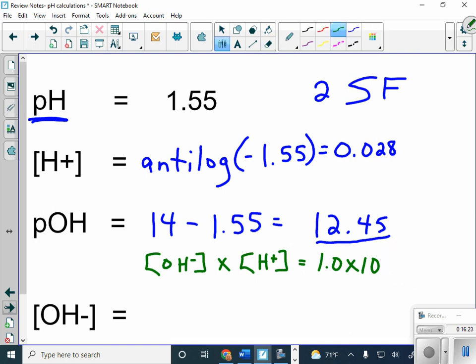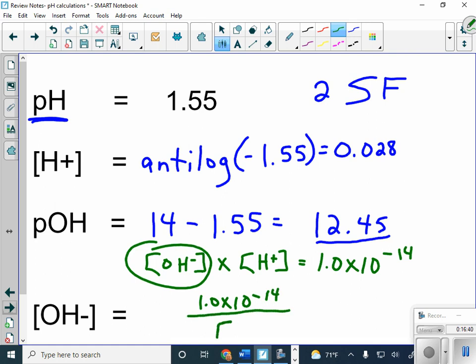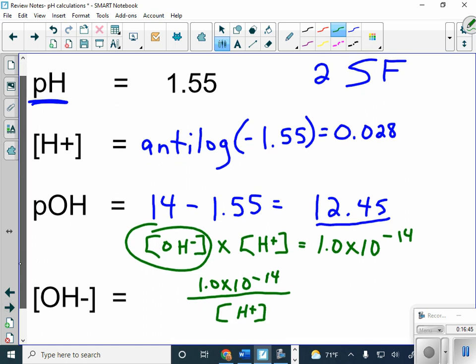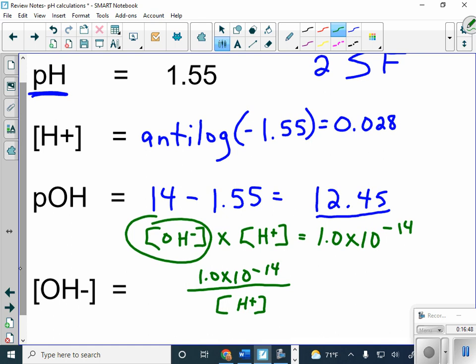My OCD is getting me there. 10 to the negative 14. So, if I'm going to solve for this right here, it's going to equal 1.0 times 10 to the negative 14 divided by the hydrogen ion concentration. Now, ladies and gentlemen, I know the hydrogen ion concentration. It's right here. So I'm going to fill that value in there, 0.028.